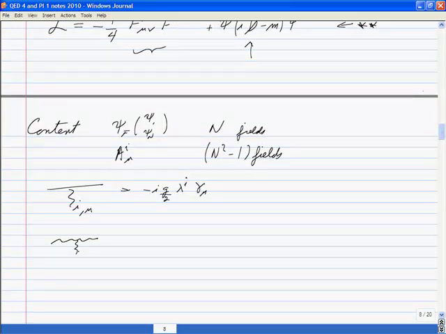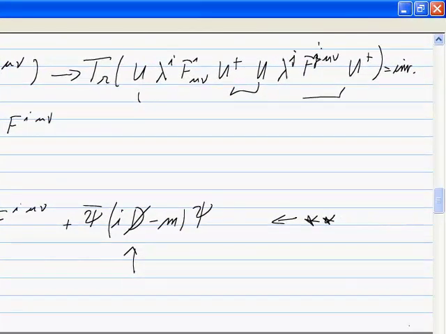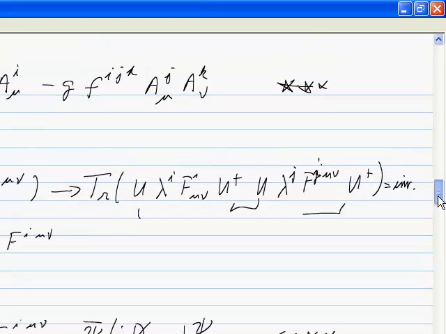There's a piece there that has, since F has the derivative pieces plus a quadratic piece, when you square that, in the square, there's these two and that one, so it involves 3 fields, and there's this one squared, which involves 4 fields.